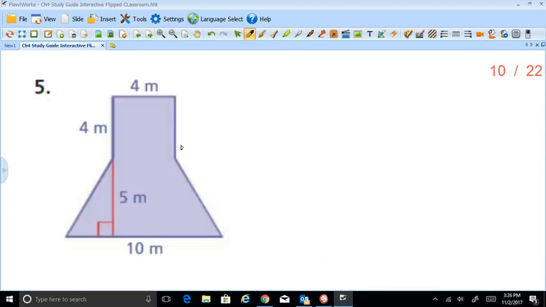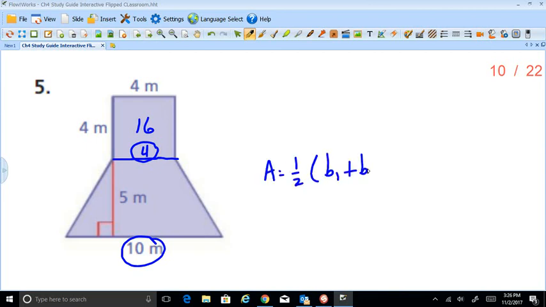Another composite figure. I'm going to cut it, make it into more familiar shapes. 4 by 4 square on top, 16 square meters. The bottom is a trapezoid. Base 1 is 4. Base 2 is 10. 4 plus 10, 14. Area equals half the quantity base 1 plus base 2 times the height. The height here is equal to 5.